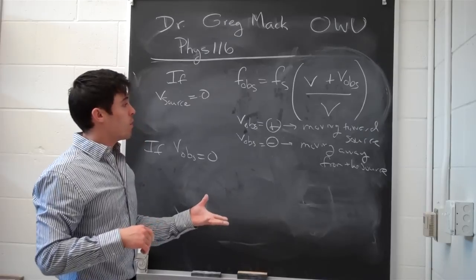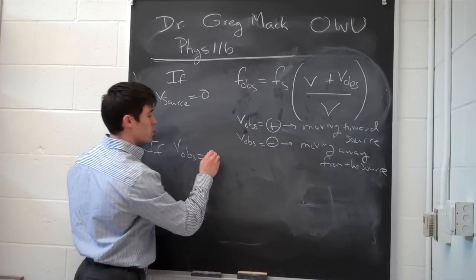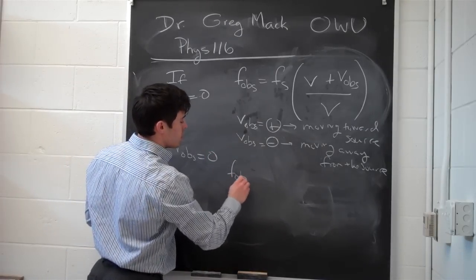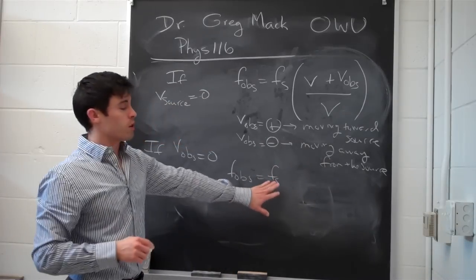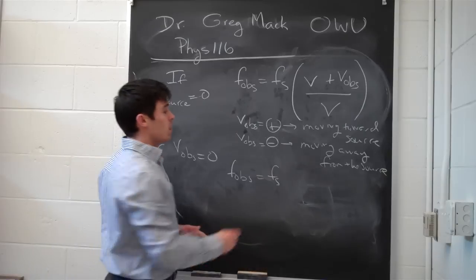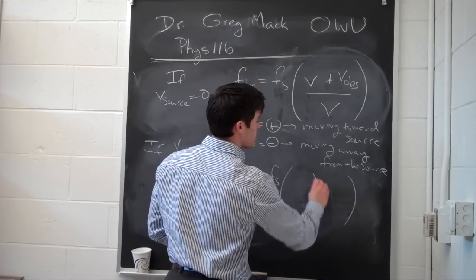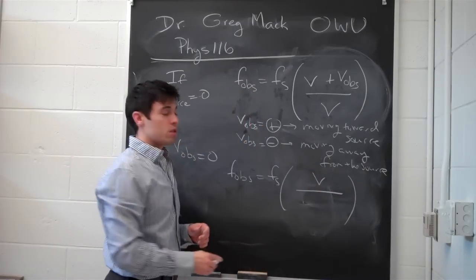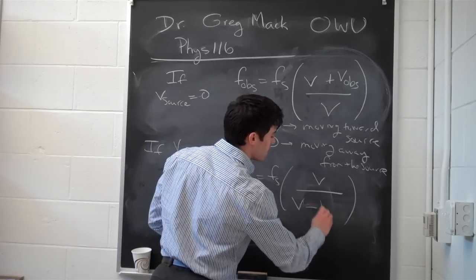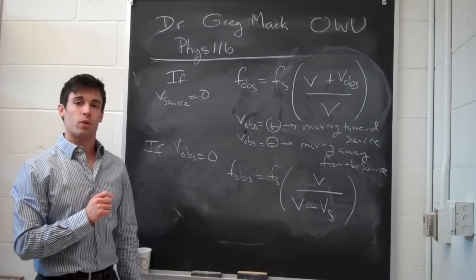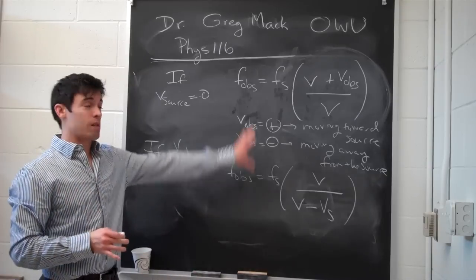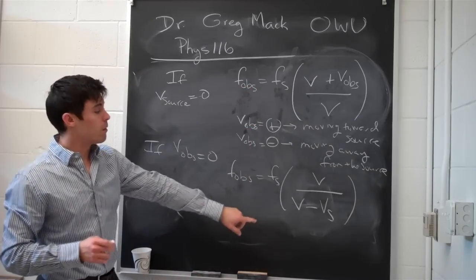And so the derivation that we did in class showed that the observed frequency is still equal to the source frequency times a multiplicative factor. That multiplicative factor in this case is the speed of sound divided by the speed of sound minus the speed of the source. Okay. And so let's look at this the same way we did this case up here.